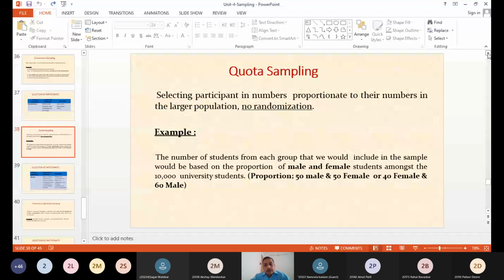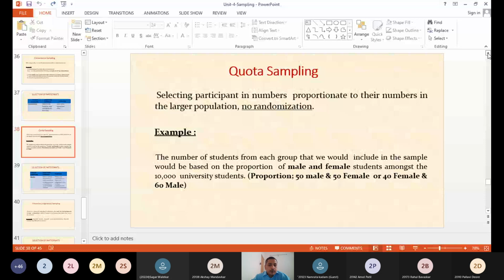So in quota sampling, we fix the number of people to be selected from a population based on some major characteristic of that population and the proportion of those types of individuals in that population. For example, if we take this example of university students and we want to select 100 students, we have selected the characteristic gender, male and female.